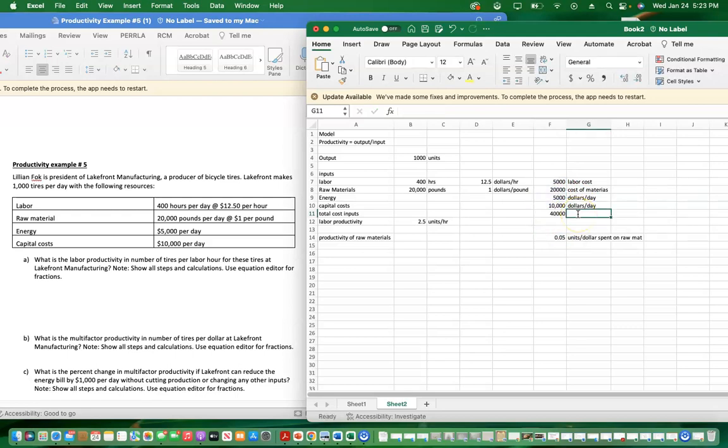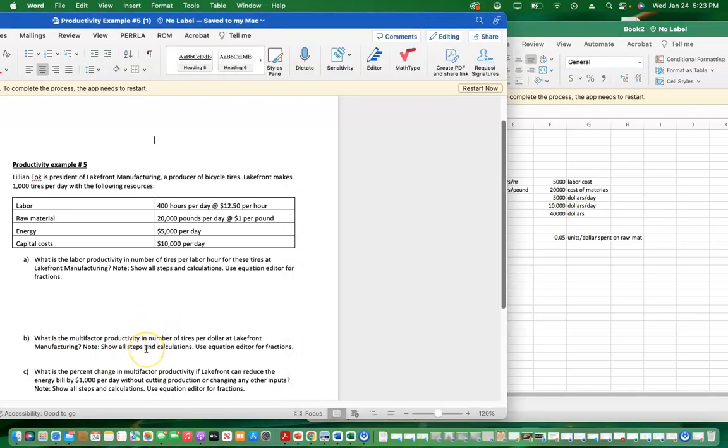And that gives the overall cost in terms of dollars. And in this case, we can find multi-factor productivity. So let me write here. The multi-factor productivity will be output per the overall cost of inputs. So this is the question we're supposed to do, the multi-factor productivity.